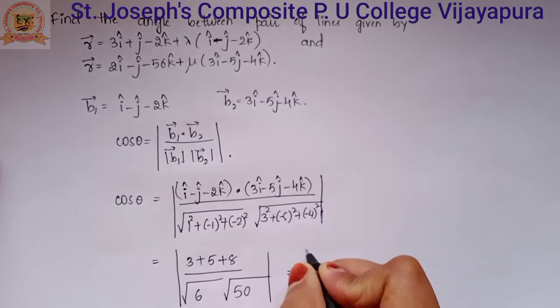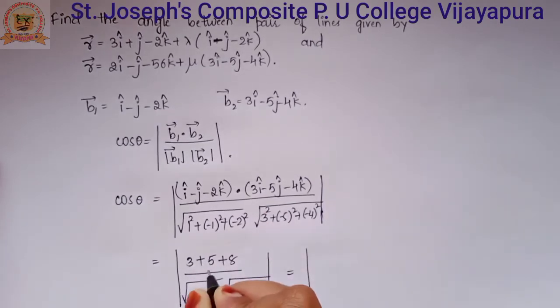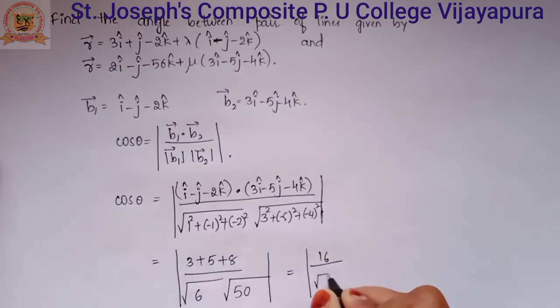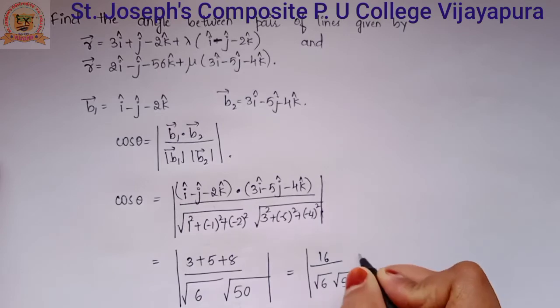So which is equal to 3 plus 5 is 8, 8 plus 8 is 16, 16 divided by root 6 into root 50.